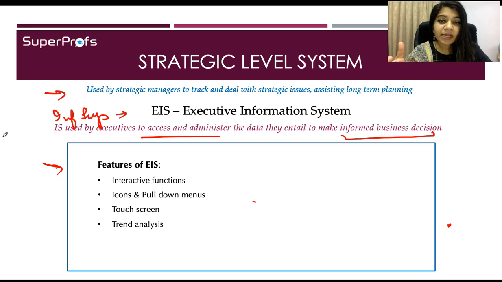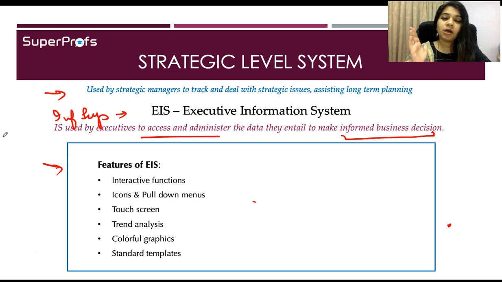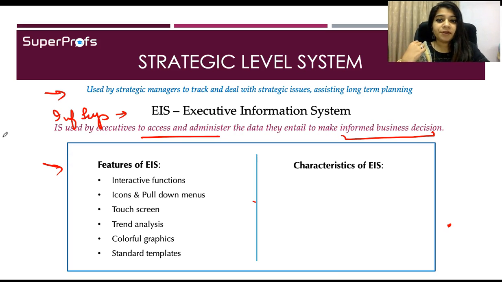For trend analysis, there should be graphs, pictographs or colorful graphics, and standard templates, so that it is easy for the managers to read this information or to utilize the same standard template across different functions. So these are the features of EIS.